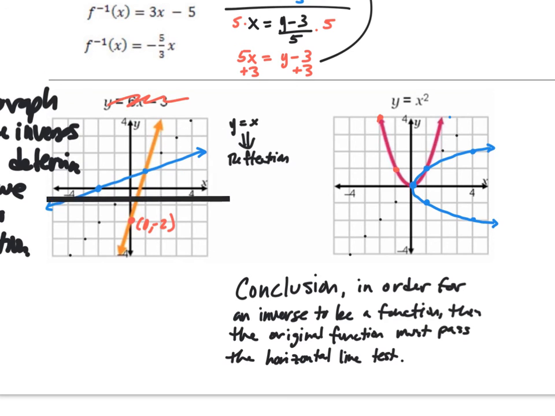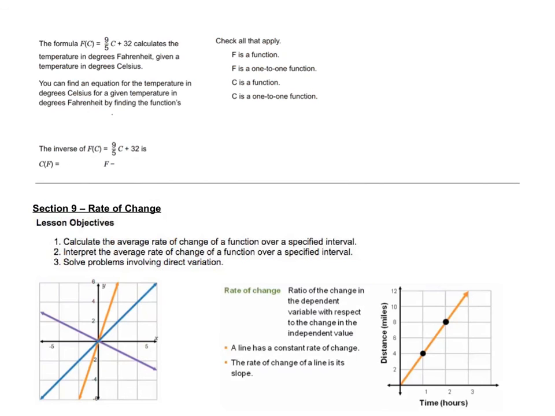And if it passes the horizontal line test, then I know that my inverse is a function. But right over here, this does not pass the horizontal line test. It intersects twice. Therefore, my inverse is not a function. That's all we're looking at.